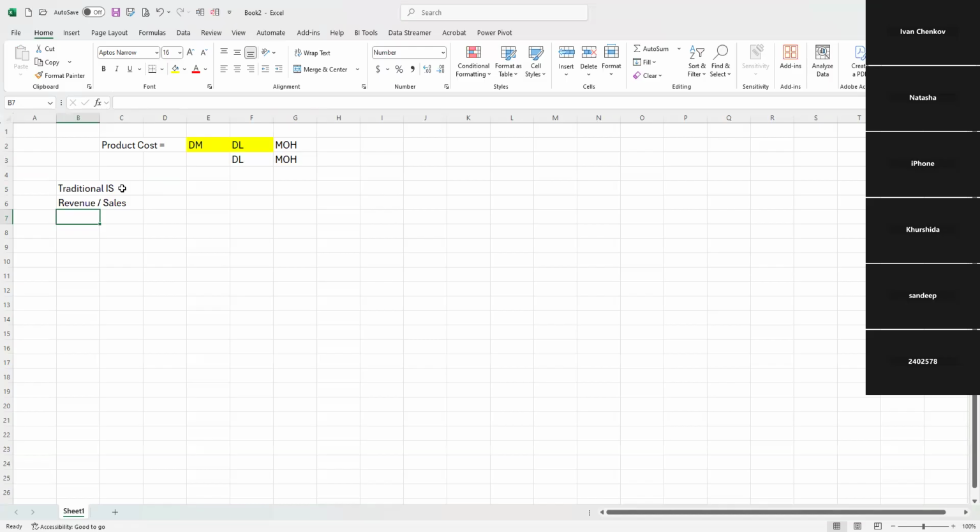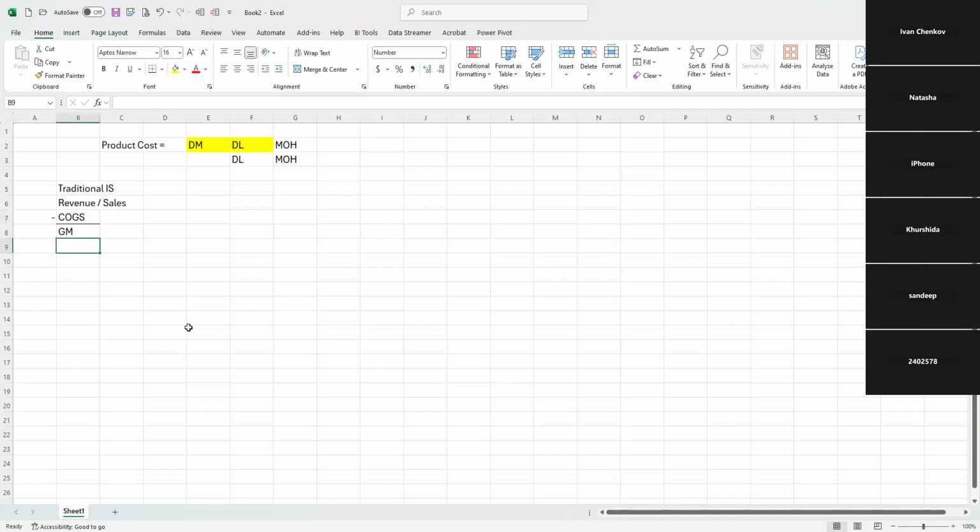So first will be cost of goods sold. We saw in class how we get cost of goods sold based on the company, and then we're going to have gross margin. Gross margin is simply the calculation of revenue minus cost of goods sold. Make sense?